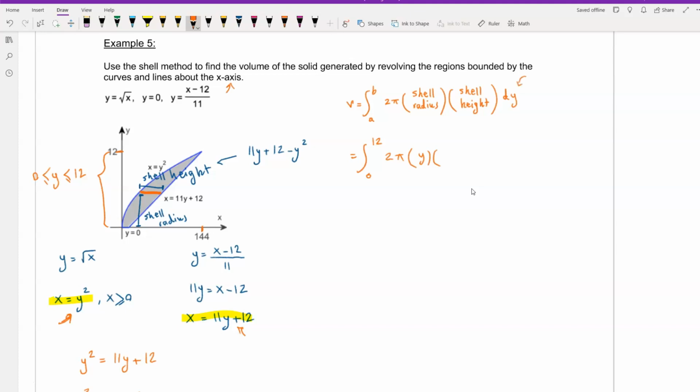Volume is equal to integral from 0 to 12, based on what we have here for interval of integration. 2 pi times shell radius is y, and then multiply by shell height is 11y plus 12 minus y squared times dy.